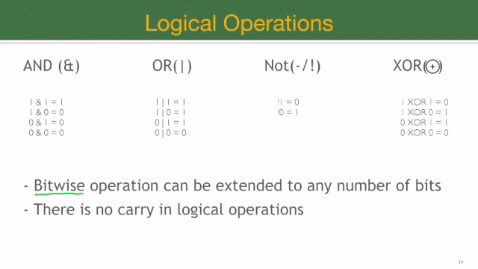The logical AND operator works like this. If I have 2 bits with a value of 1 and 1, then my result will be 1. In all other combinations, my result will be 0. This is something that we use in our real life.